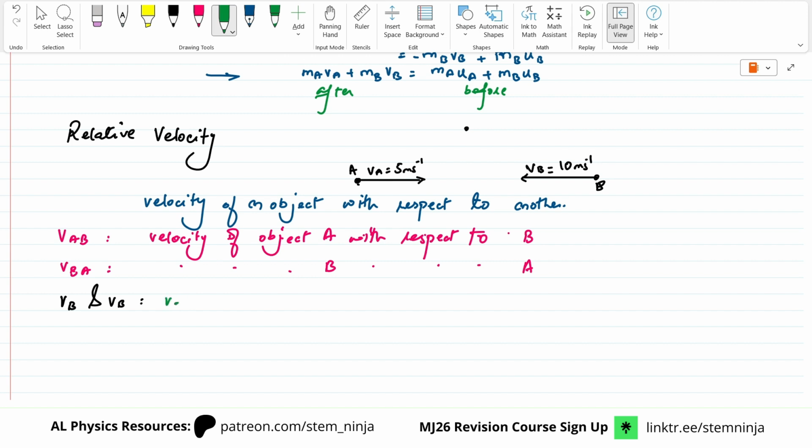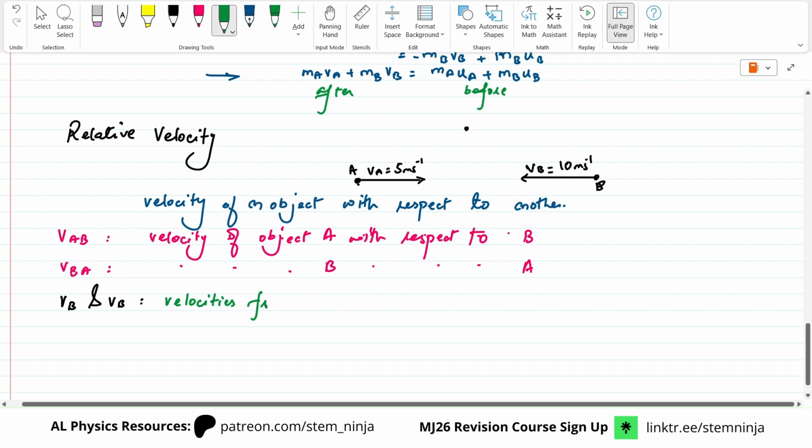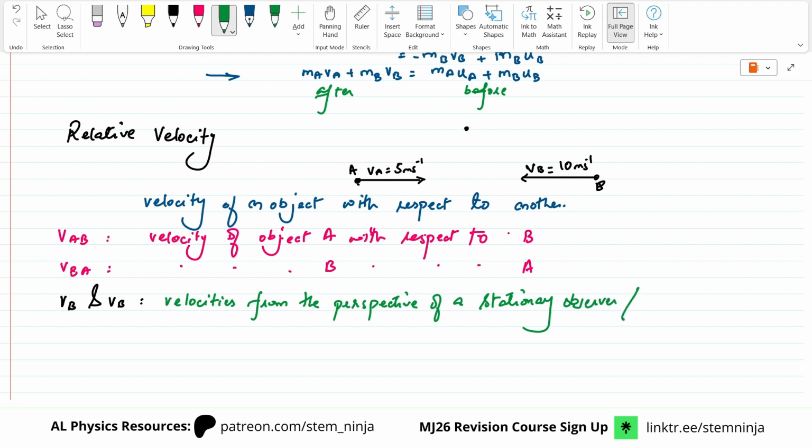So velocities from the perspective of a stationary observer or a fixed frame of reference.